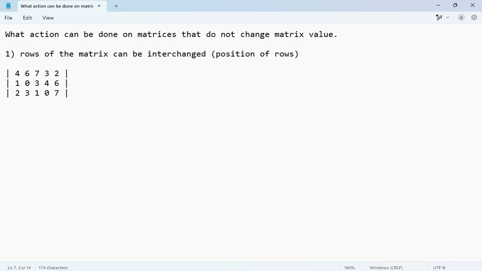So this is the matrix, and you can say that this matrix is equivalent. You know that the word equivalent means that it is the same, but in a slightly different form. It's equivalent to the matrix like that. So here I can do the following case.